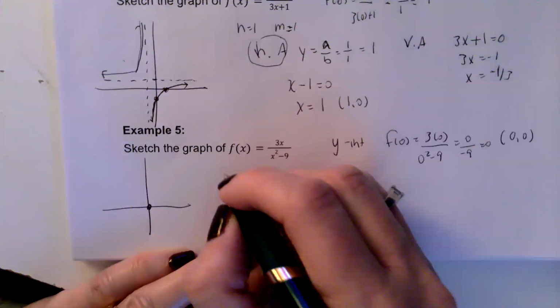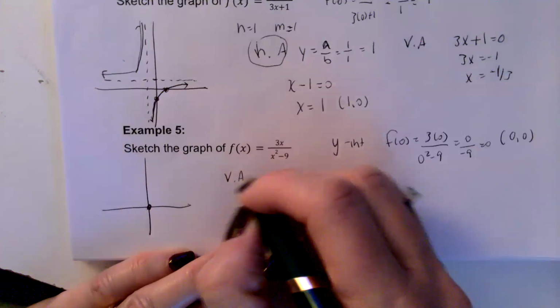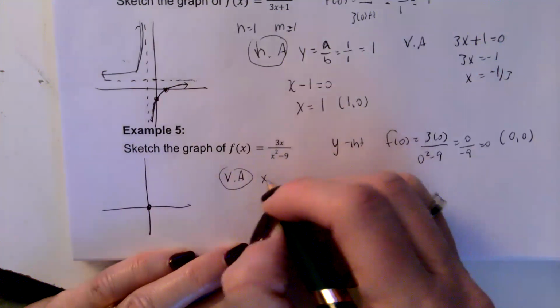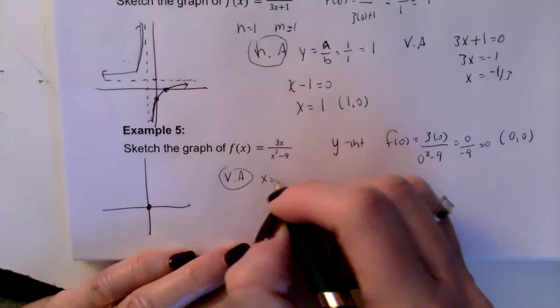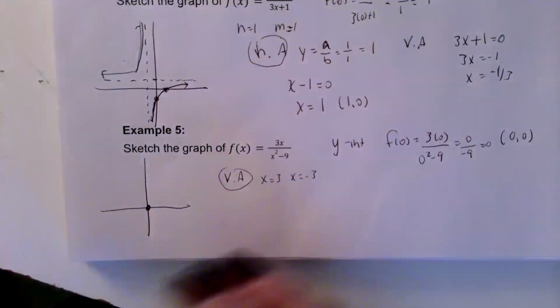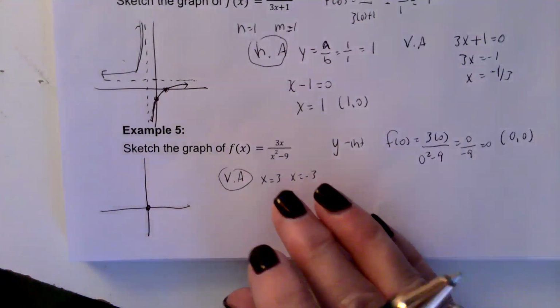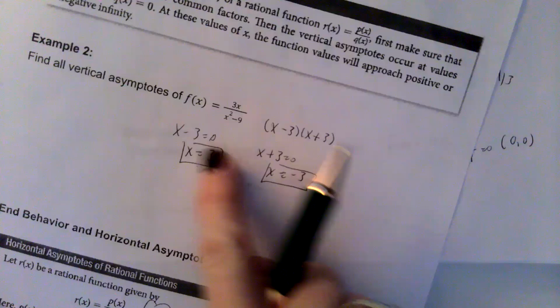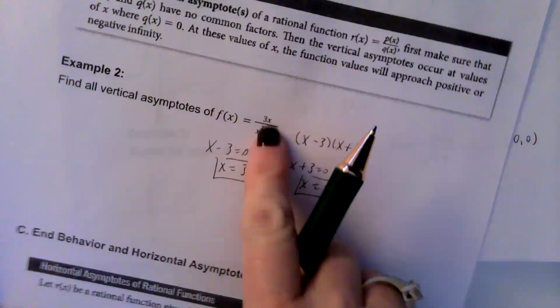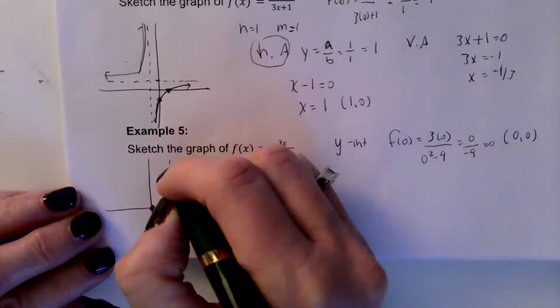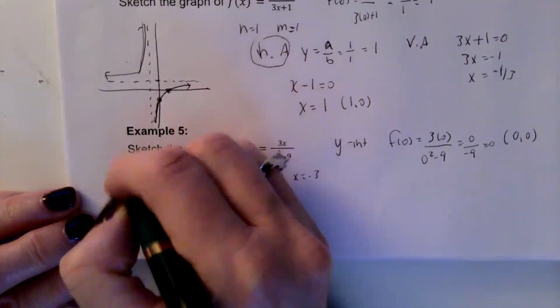And our vertical asymptotes are only at the factored spots of the denominator. So that's going to be x equal to 3 and x equal to negative 3, like we did on this one. Because essentially we're graphing what we did on this one. It's the same function. Okay, so we have a 3 and a negative 3.